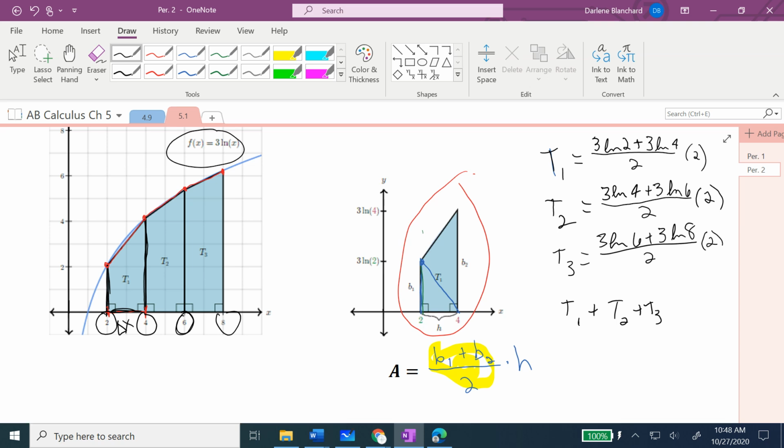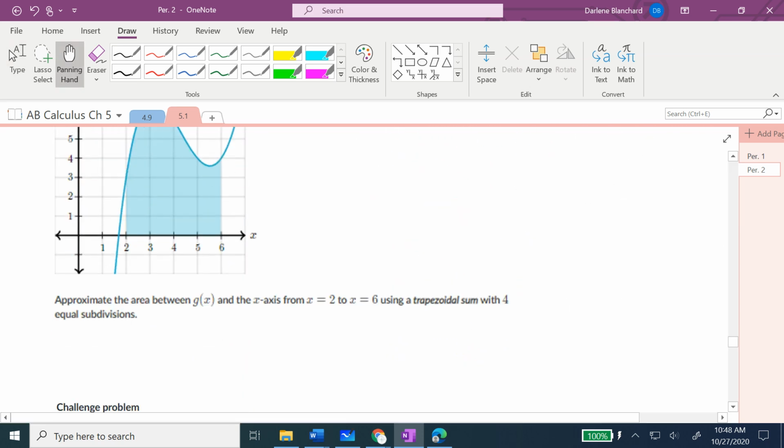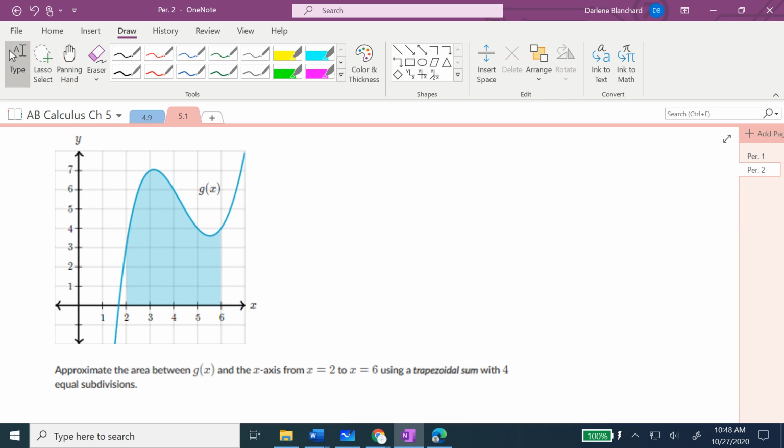You very well might be asked if a trapezoidal approximation is an over or an underestimate. And this time it's about concavity. I was going to give you a little bit more time to think about it, but we are down on time.